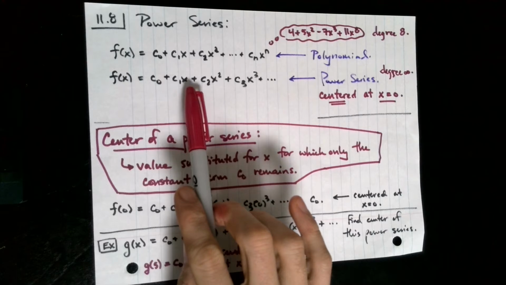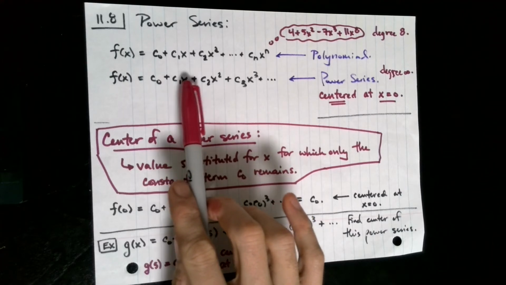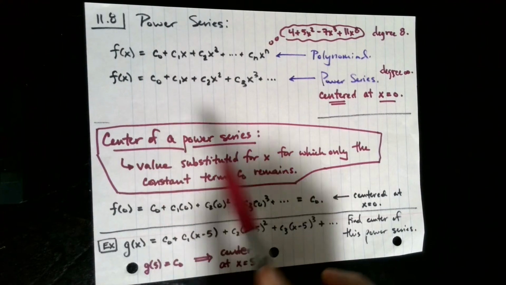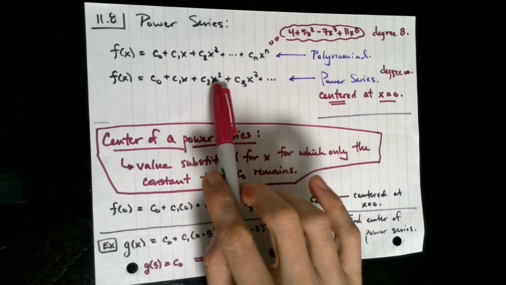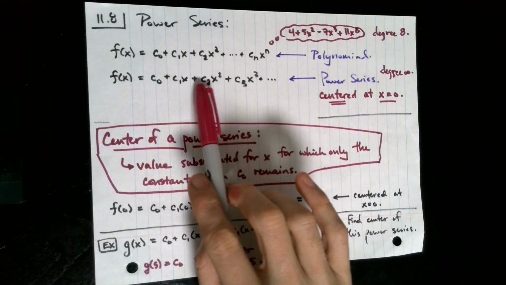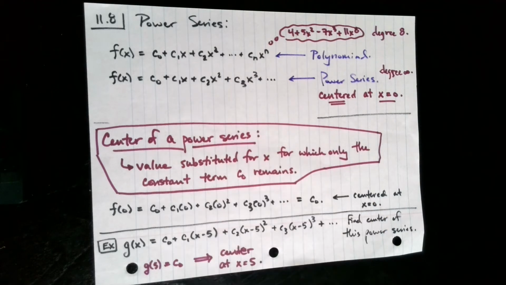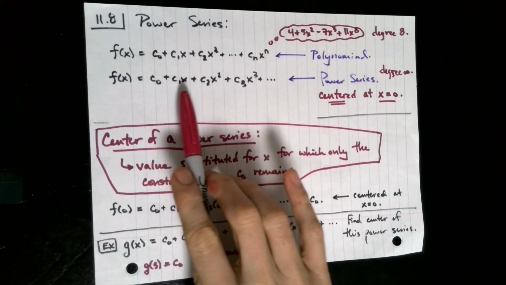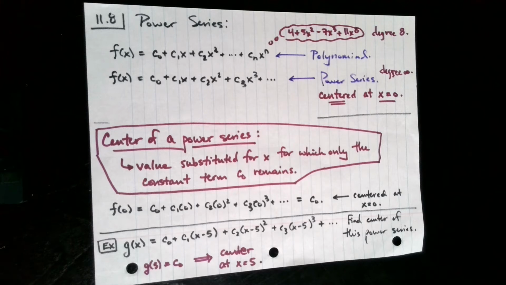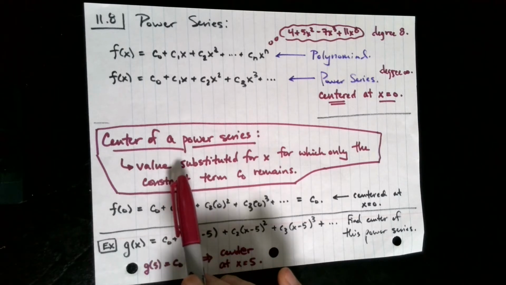Well, the thing you could plug in for x would be 0, right? 0 would multiply by c1 and wipe out that degree 1 term. In fact, 0 plugged in for x squared would wipe out that c2 term. 0 plugged in for x cubed would wipe out that x cubed term. And in fact, all the terms of degree 1 and higher would get wiped out if x was equal to 0. That is precisely what the center of a power series is.